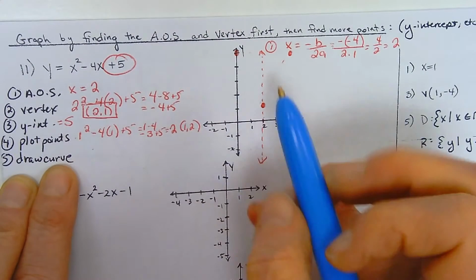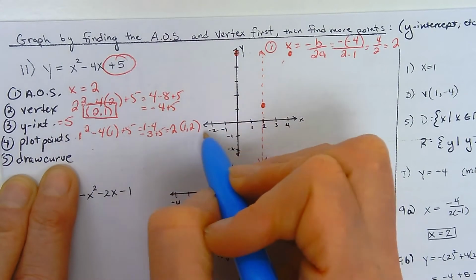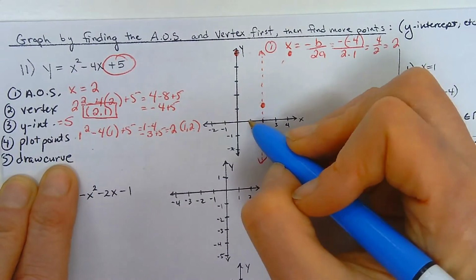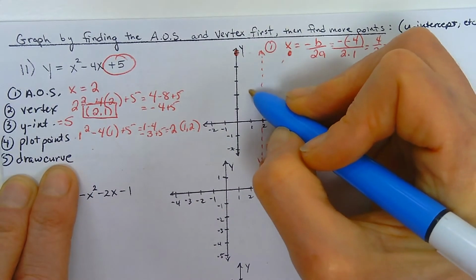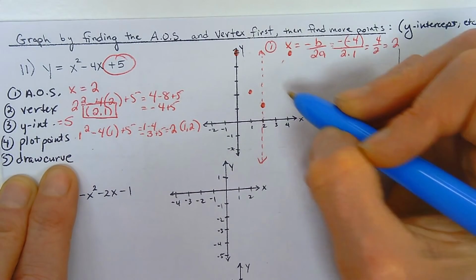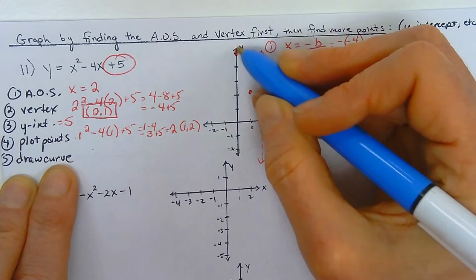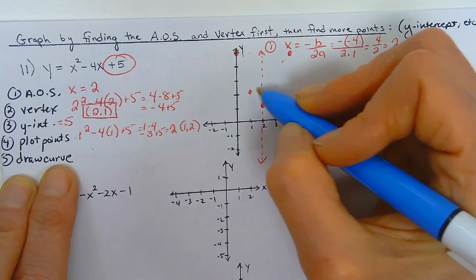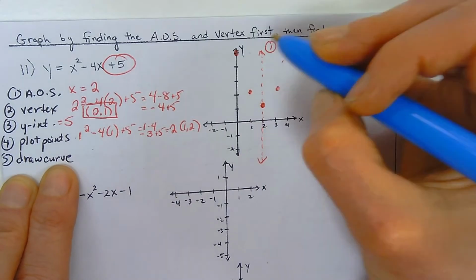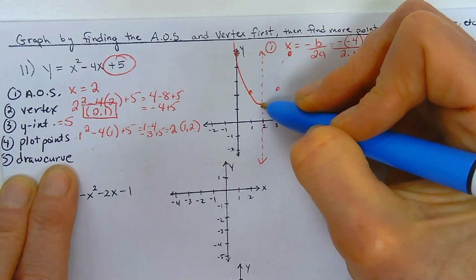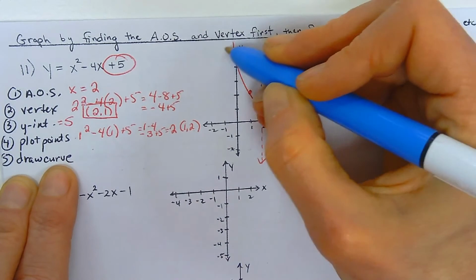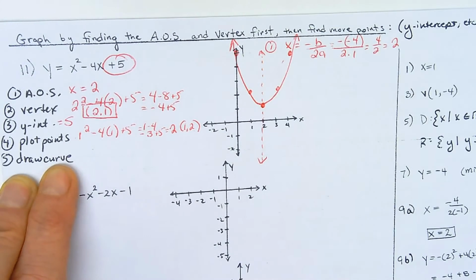I chose 1 to be my x value, and I got a y out of 2. And it's right where it should be along what this curve is going to be. And I'll reflect that across the axis of symmetry and draw this curve in. And there is my parabola.